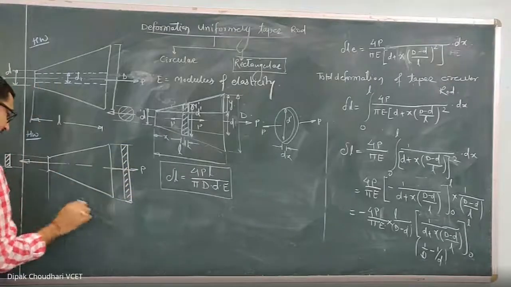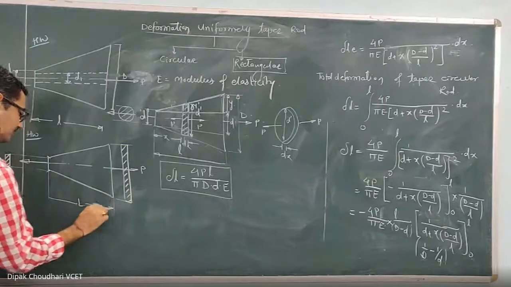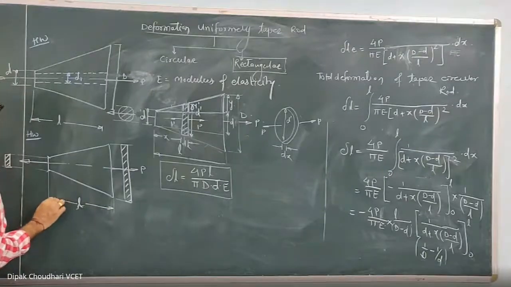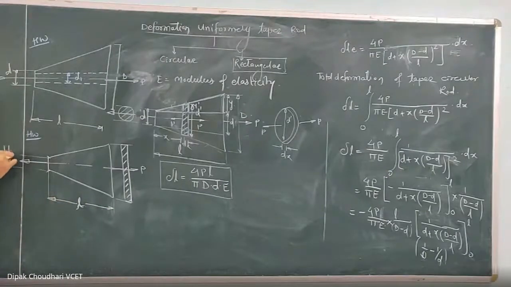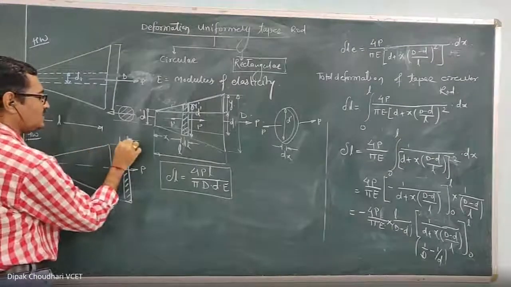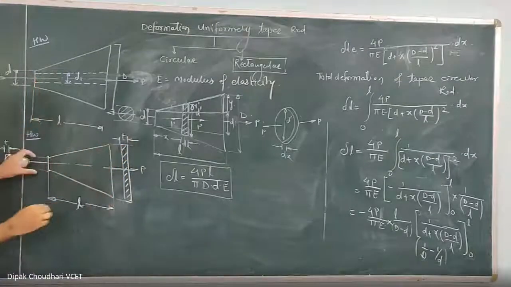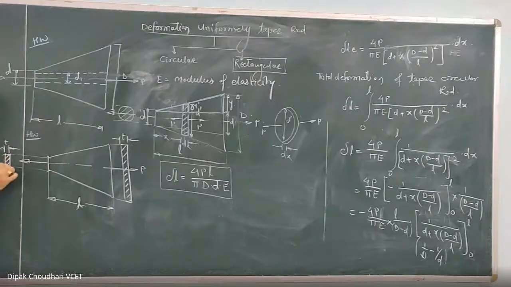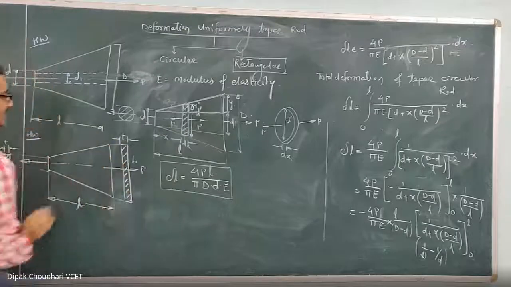Throughout the length, this thickness is constant. This is the thickness. Thickness is not going to change. This width is going to change. Let at the smaller end the width be a, at the bigger end let the width be b.